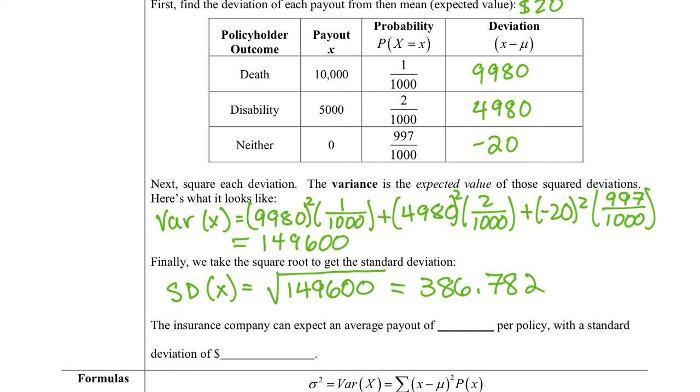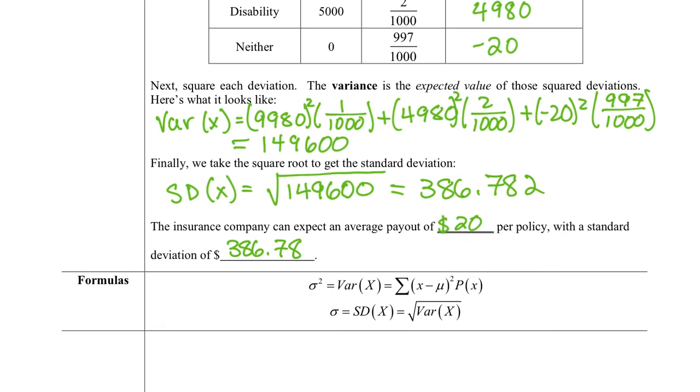And we can sum that up by saying the insurance company can expect to pay a payout of $20 per policy with a standard deviation of $386.78, which makes sense that we have such a large standard deviation because we do have that extreme payout, 1 of every 1,000 events. Which is unfortunate, but that's an expected answer.